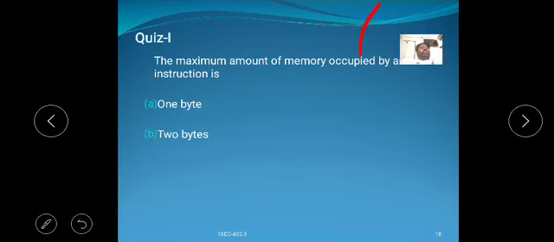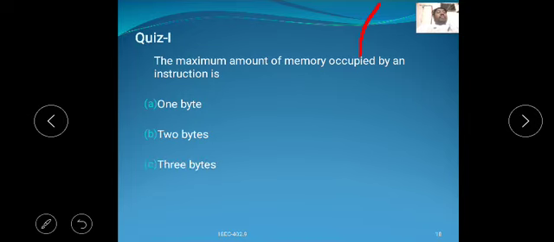The maximum amount of memory occupied by an instruction is: option A, 1 byte; option B, 2 bytes; option C, 3 bytes; option D, 4 bytes.